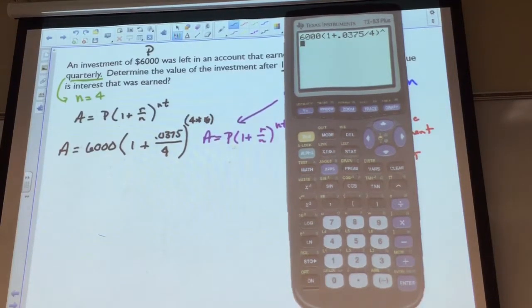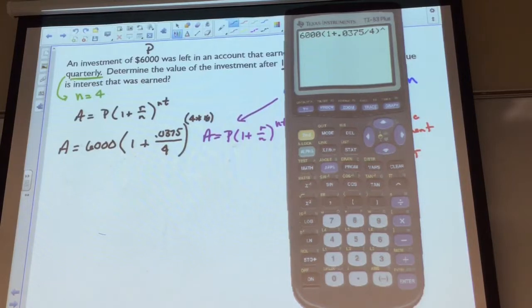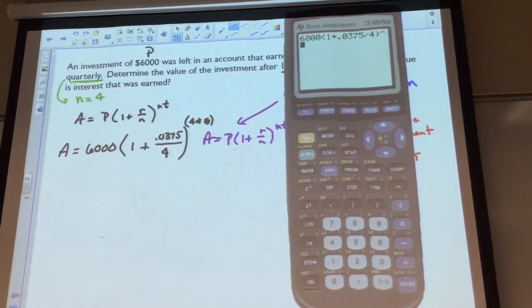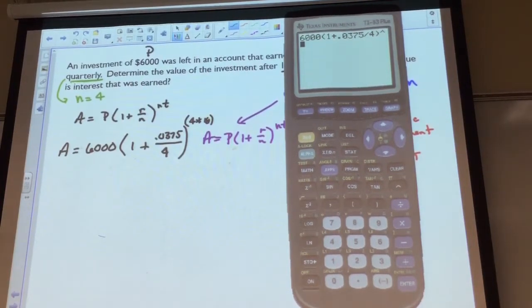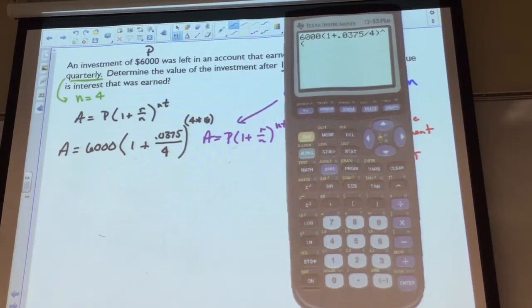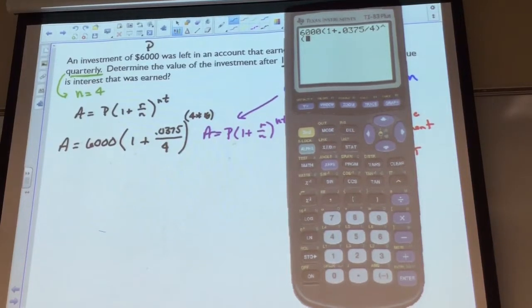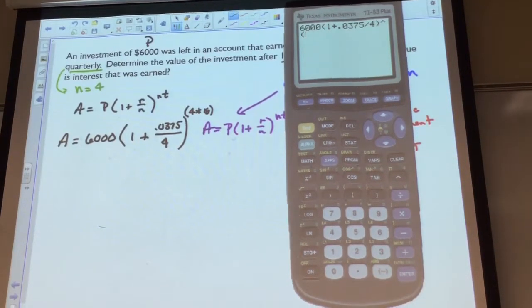And now raised to, and this is where the difference in the calculators comes into play. If you've got the newer 84, when you do the raised to, it'll automatically scroll and it'll build the exponent. So you're covered. If it doesn't build your exponent for you, you need to make sure you keep that grouping symbol together. You can still put the grouping symbols even if it builds you an exponent.